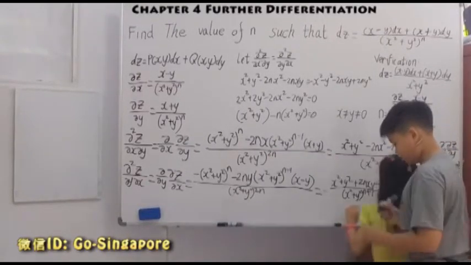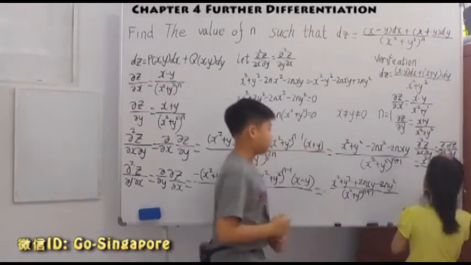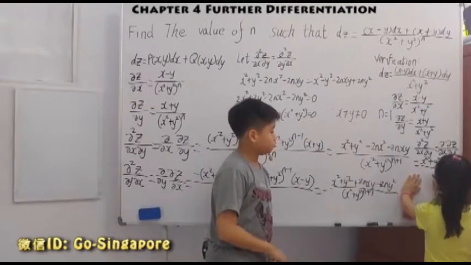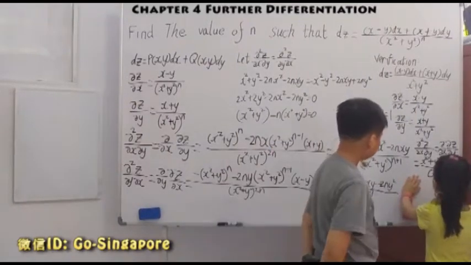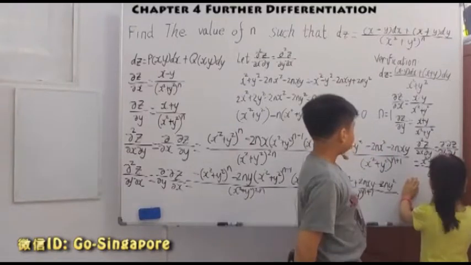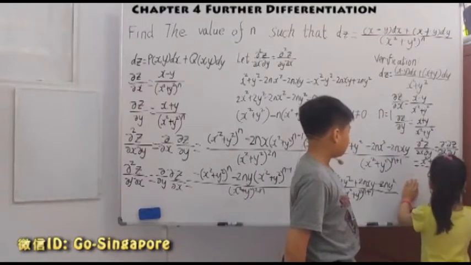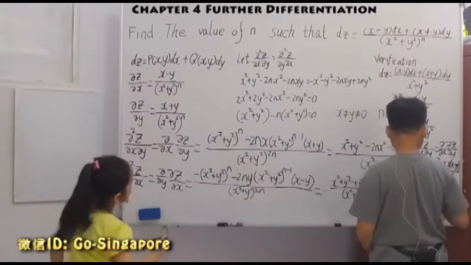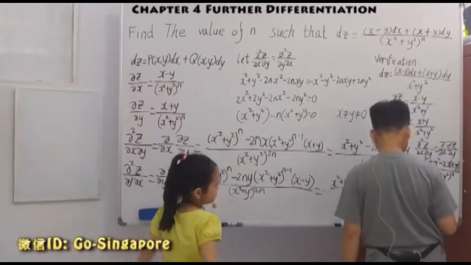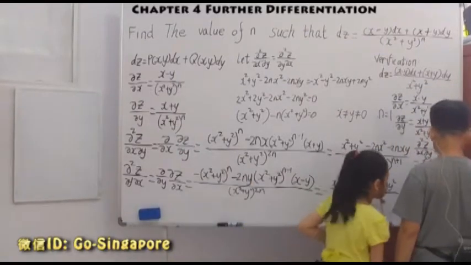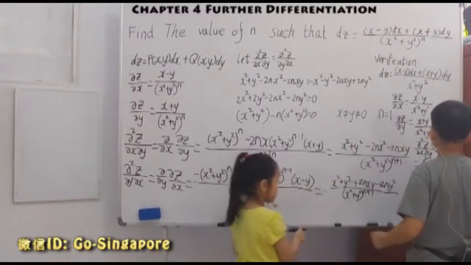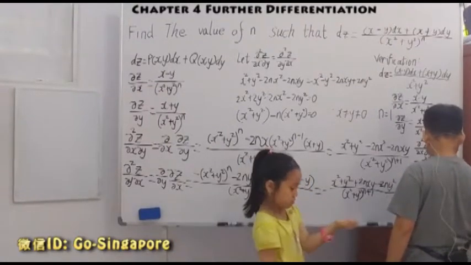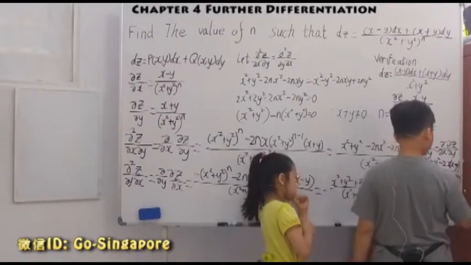Okay, write the denominator. The denominator is, yes, very good. So this continues: minus 2x squared minus x squared, right? What if we put the minus in front?